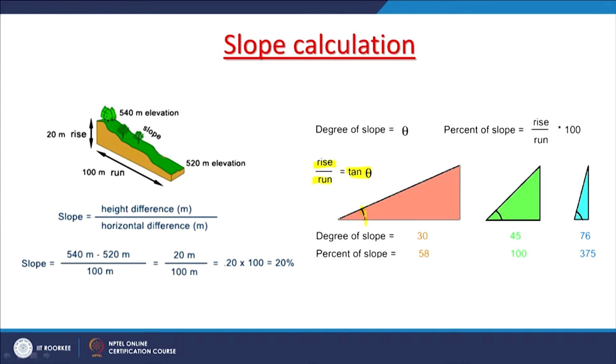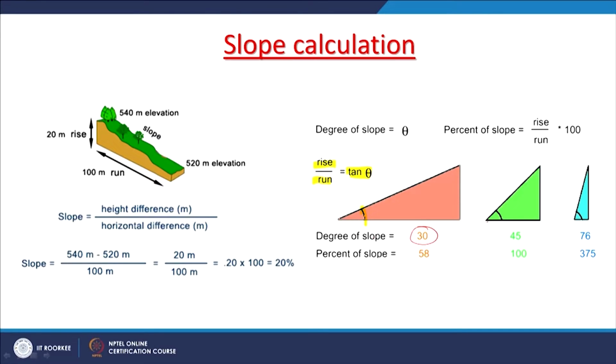So, if the rise is much more compared to the run, then you would have a larger tan value, or if it is smaller, then you may have a smaller one. Relatively, like here, this one has a very small value and the degree of slope determined is 30.